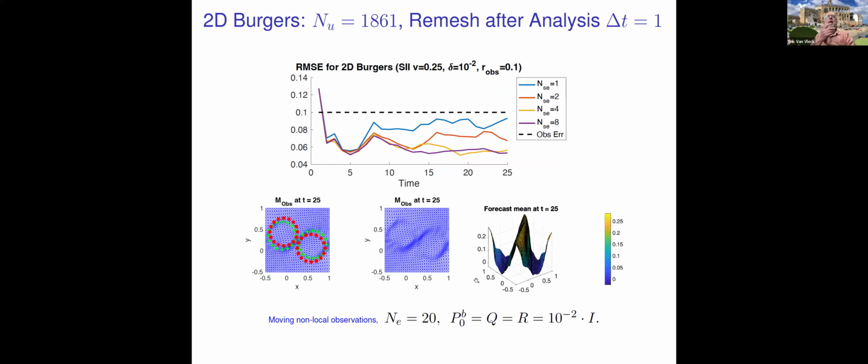This is a little bit of an illustration. It's a 2D inviscid Burgers equation where the time between observations is 1. What I'm showing here is how the RMSE reacts to the number of ensemble members we use to make the look-ahead mesh.